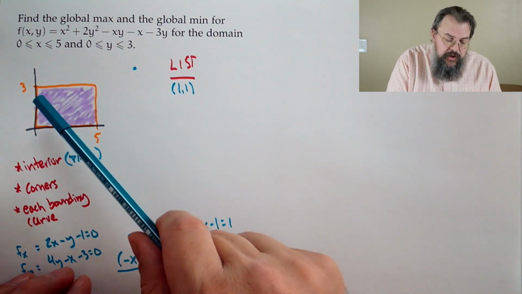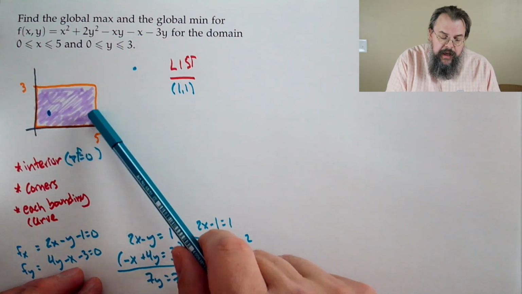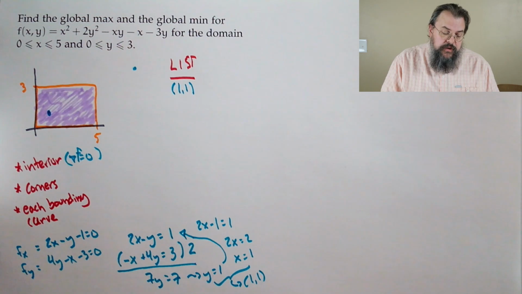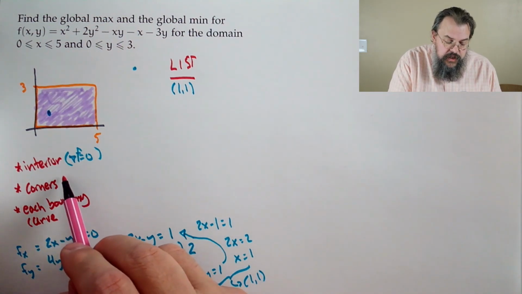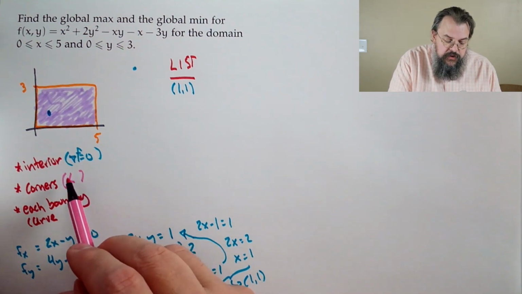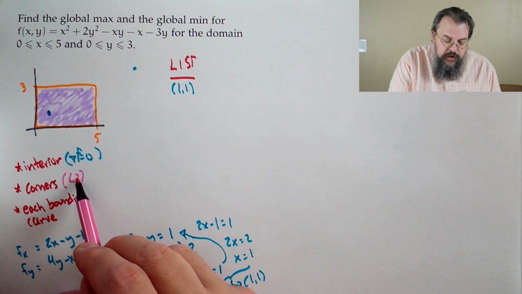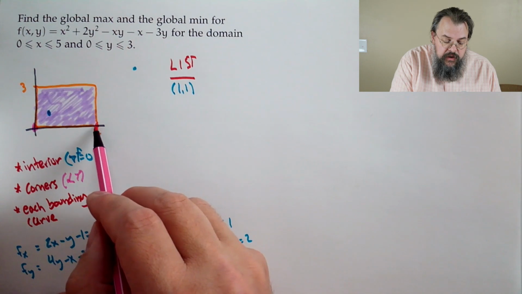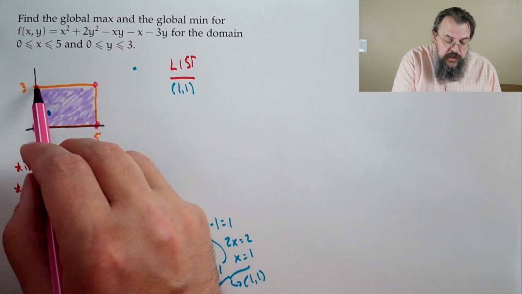So therefore, we say, look, any other point has to be on the outer edge. Okay, well, let's do our outer edge. And remember, there's two parts. There's the corners. We're looking for the things here where curves come together. So in our case, we've got 4 corners.